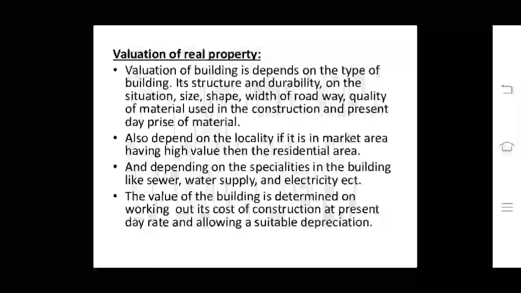Valuation of real property. Valuation of a building depends on the type of building, its structure and durability, on the situation, size, shape, width of roadway, quality of material used in the construction, and present day price of material.